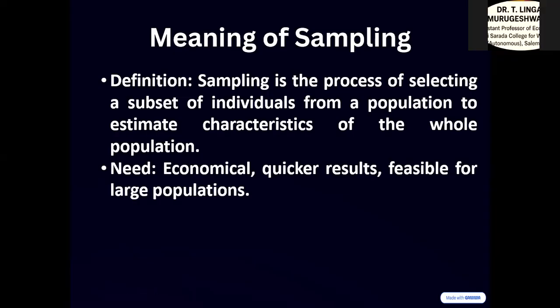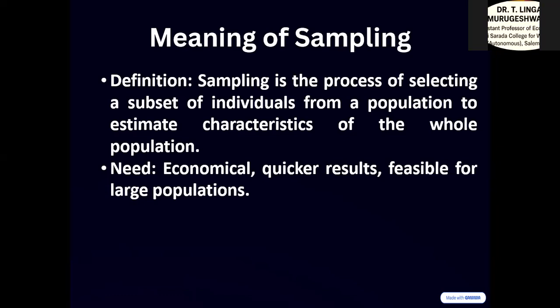Meaning of sampling. Sampling refers to the process of selecting a subset of individuals from a larger population in order to analyze and draw conclusions about the whole. It's a fundamental tool because in most real-world cases, studying an entire population is either too expensive, too time-consuming, or outright impossible.